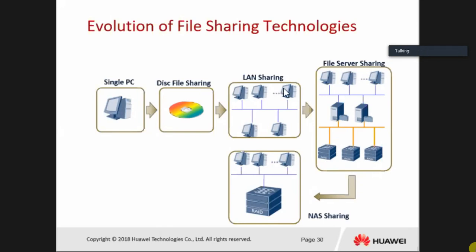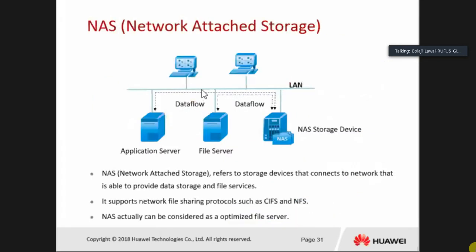Let's move on. Then that's network attached storage. This is why we are here. On this type of technology, we can see our application server, our file server, and our storage device. All of these are attached on a bus network. So NAS, network attached storage, connects storage devices to an existing network to provide data and file service.